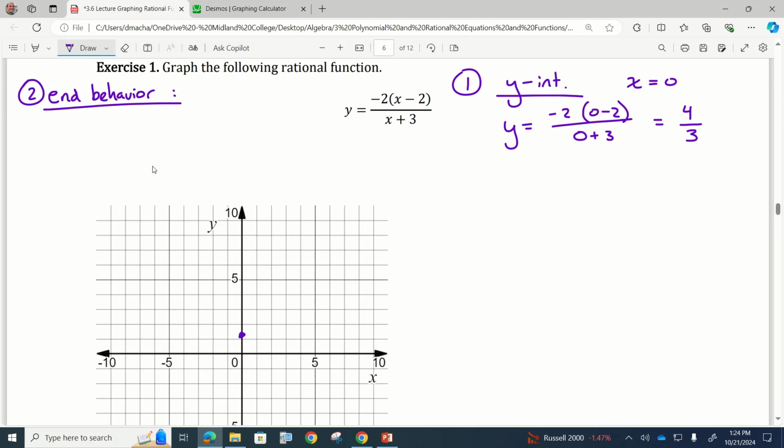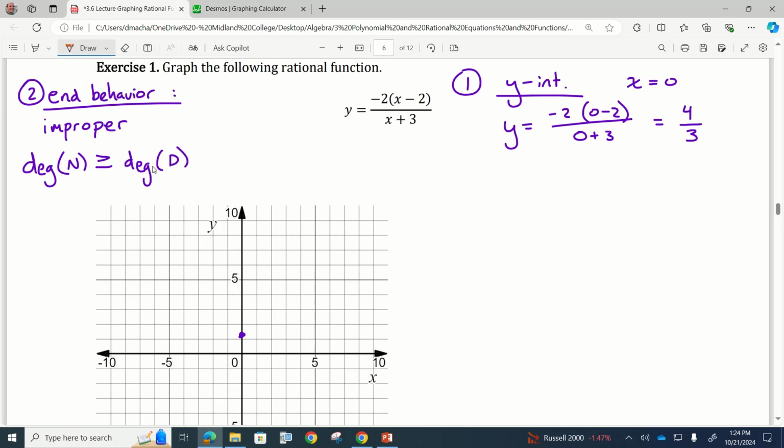This is improper, because this is improper anytime the degree of the numerator is greater than or equal to the degree of the denominator. So don't forget about that, or equal to. Because in this case, the degree of both is 1, and that's what makes it improper.